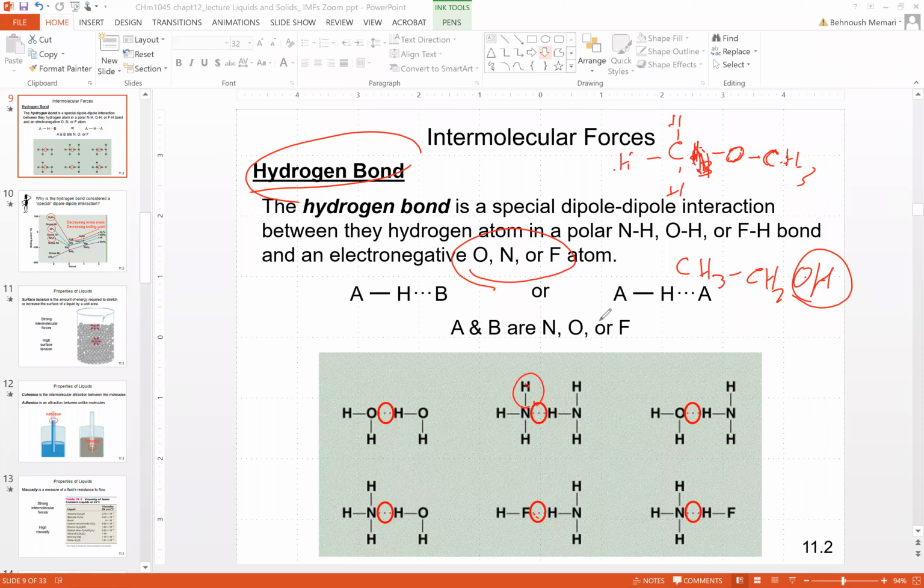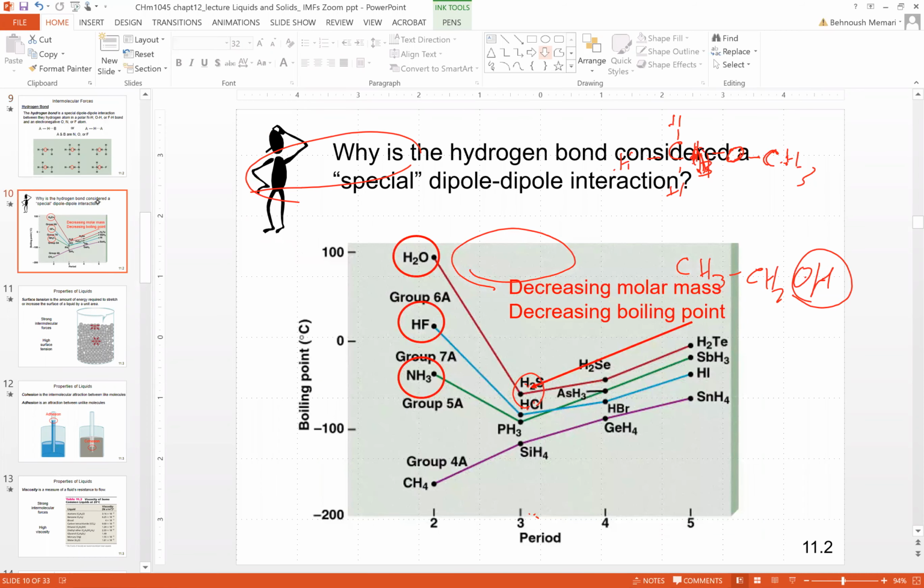And since it's the strongest intermolecular force, it is going to increase the boiling point, unusually increase the boiling point. So if you look at these molecules like H2O, in the same group, oxygen, sulfur, selenium, and then tellurium, you have these in the same group in the periodic table.